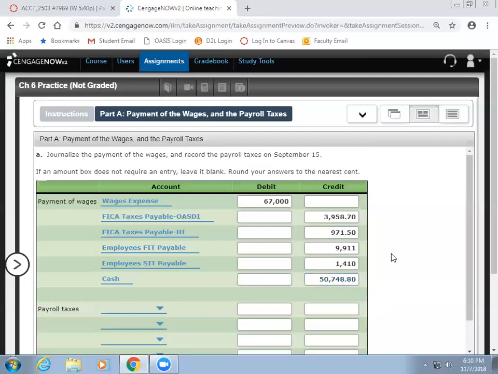So that's the amount that we're paying in payroll, cash out the door: $50,748.80.